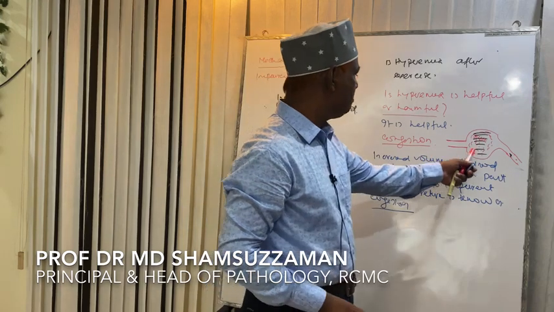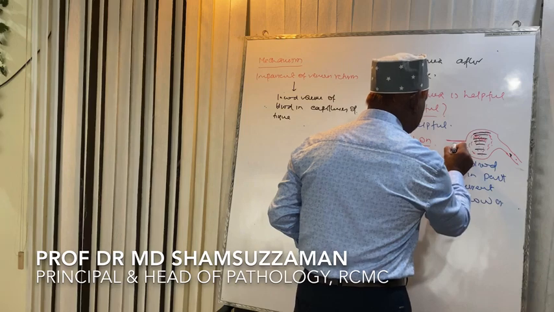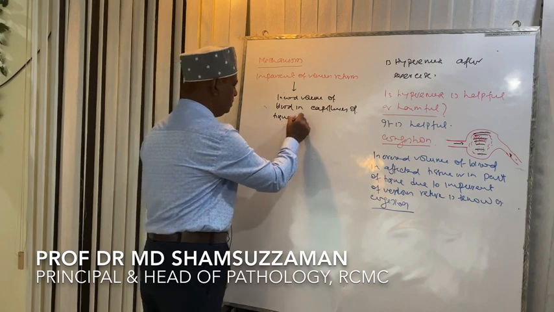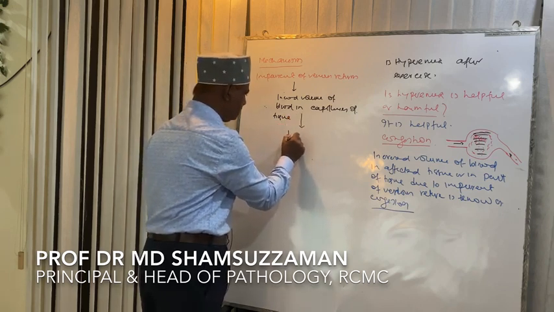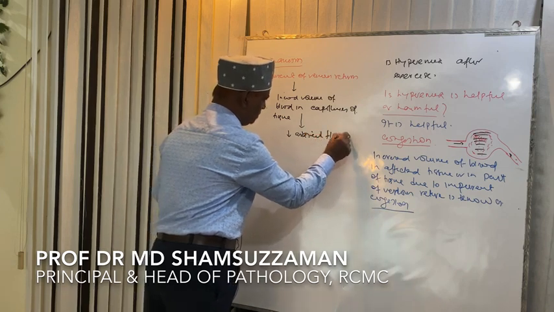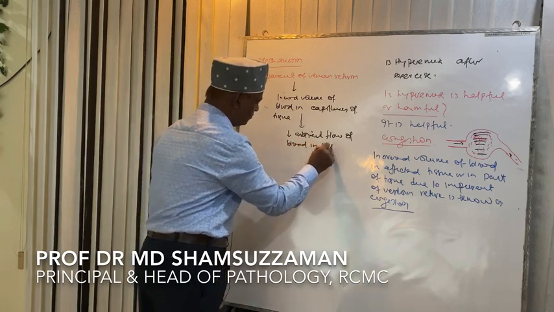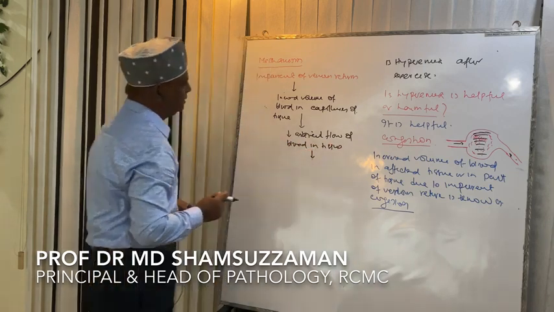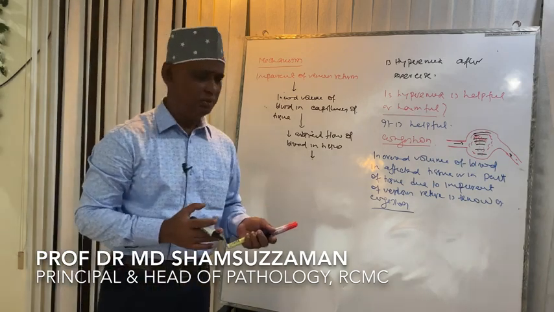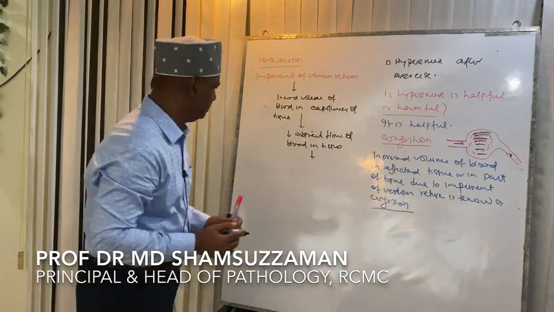Due to increased volume of blood in the capillary of the tissue, what will happen? There will be decreased arterial flow of blood in the tissue. As there is decreased arterial flow of blood in the tissue, the blood within the tissue becomes deoxygenated.